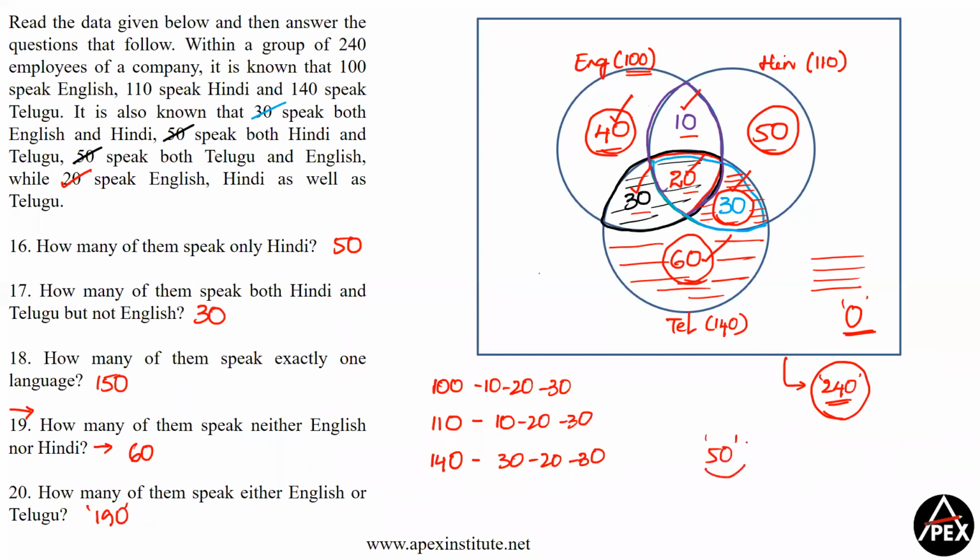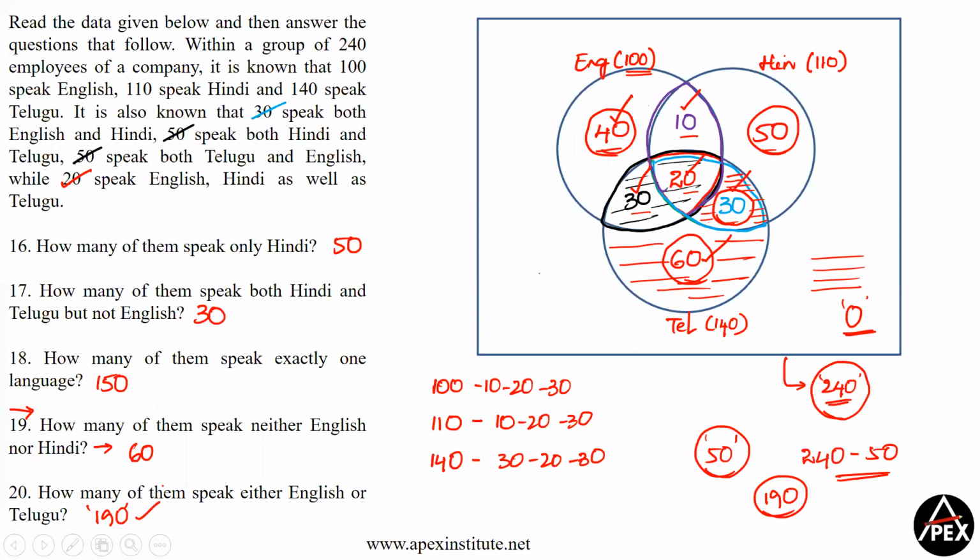These 50 employees speak only Hindi. So subtract this from 240. The remaining 190 employees will be speaking at least one of these two languages, isn't it? So the answer for this question should be 190.